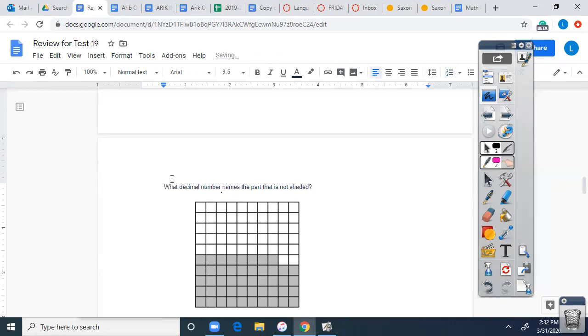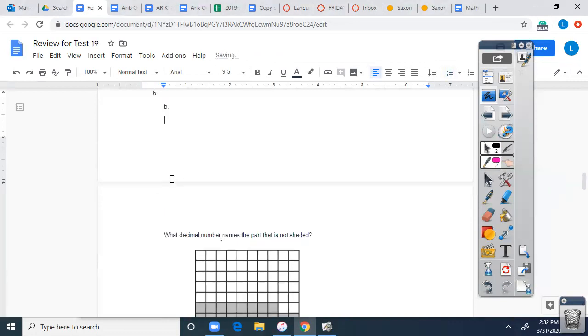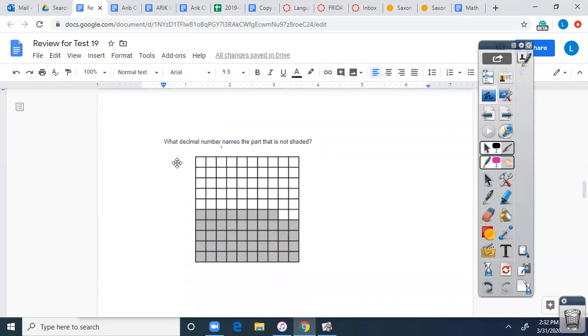So on your homework and on the test, you're going to see a picture that looks like this, and you are going to have to count and figure out how much is shaded and how much is not shaded. You're going to write it as a decimal. So look at that and figure out what part is shaded.